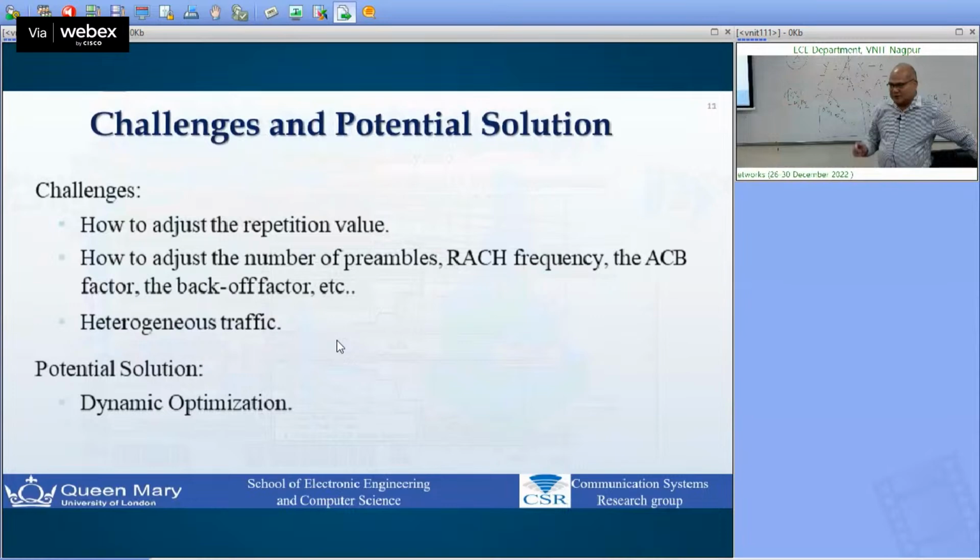Random access control scheme, for example, access class barring, means each device is going to generate a random number between 0 and 1. The base station broadcasts, okay, those who generated a number greater than 0.6, now you can transmit.